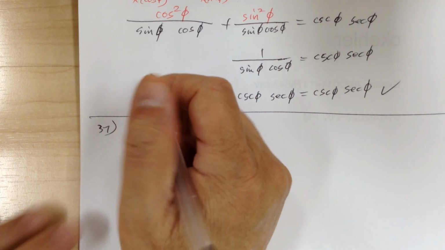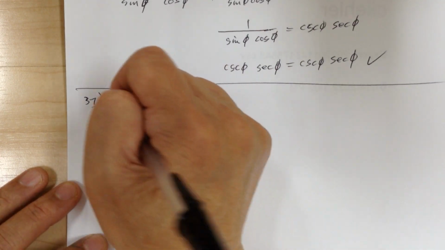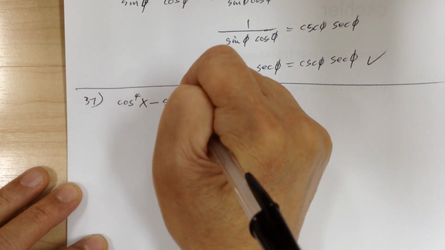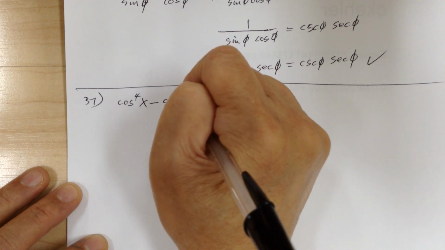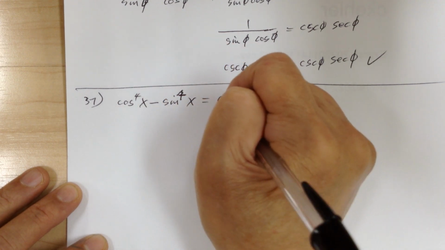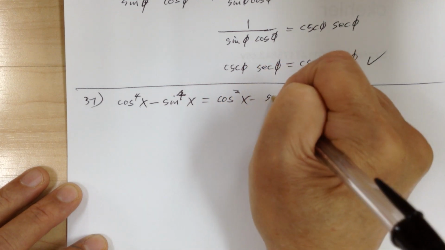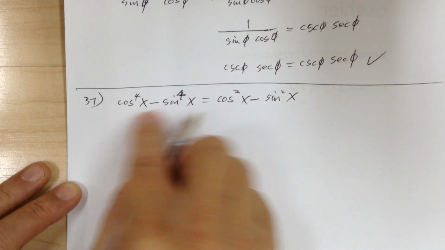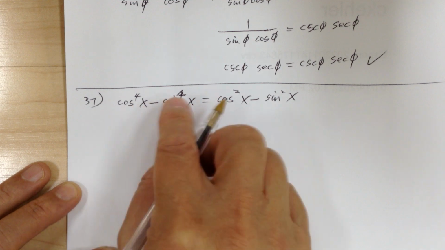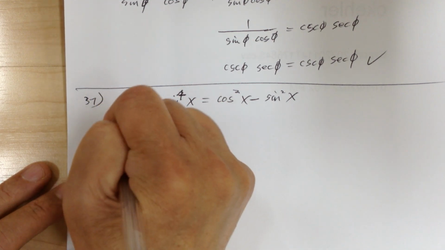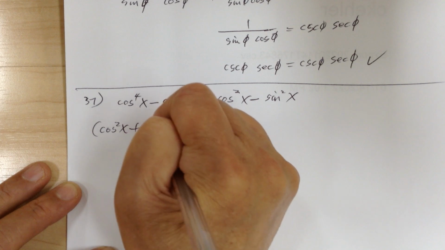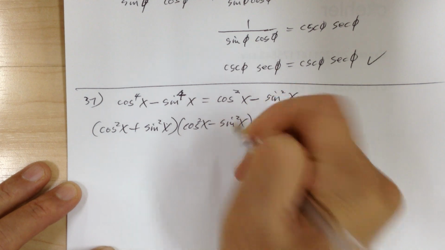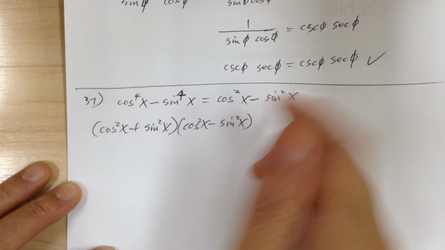Okay, number 37. We've got cosine to the 4th power x minus sine to the 4th power x, equal to cosine square x minus sine square x. Let's go and factor this. This is a difference of squares, so factor into conjugates. You're going to get cosine square x plus sine square x times cosine square x minus sine square x.